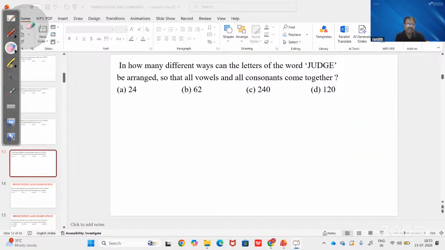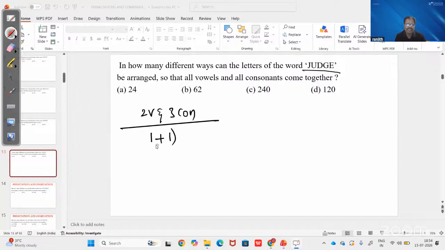Okay, just look at the question. In how many different ways can the letters of the word JUDGE be arranged? In JUDGE, we have 2 vowels and 3 consonants. All vowels and all consonants come together. All vowels will be 1, all consonants also 1. 1 plus 1 equals 2 factorial.